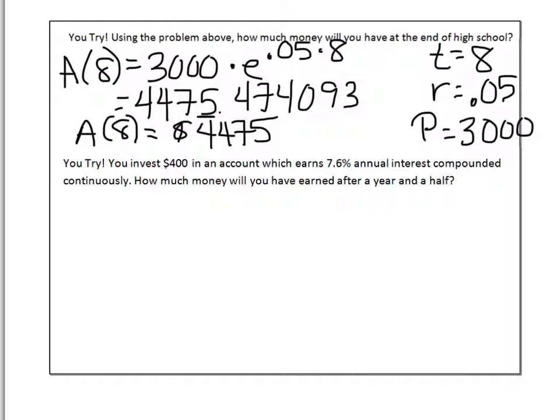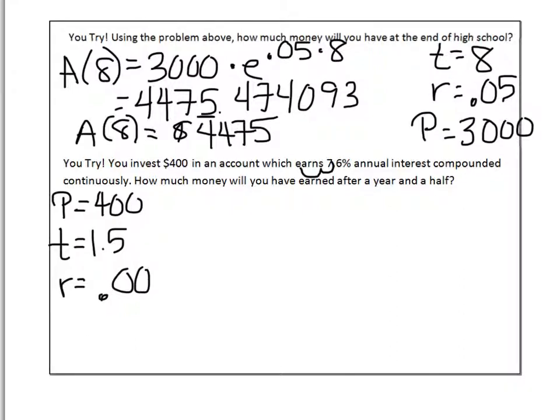So your variables in this case was P was 400, time was 1.5 years, so that means 1.5, and the rate, even though 7.6 was a decimal, it's still got the percent, so you have to move that 2 places to the left, so 0.0076. Usually that's what will throw you off if you're going to make a mistake there.